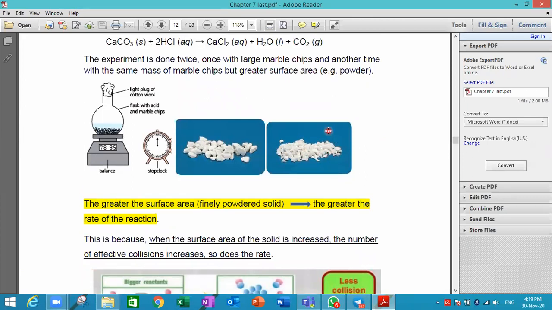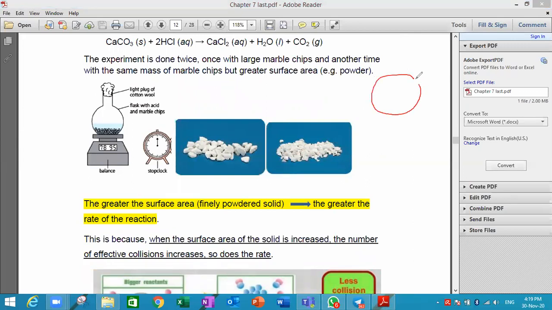Let us imagine that we have only one piece of calcium carbonate, and it reacts with HCl. When HCl wants to react with this calcium carbonate, it will only be able to react with the outside surface of the lump. It will not be able to enter inside the calcium carbonate.